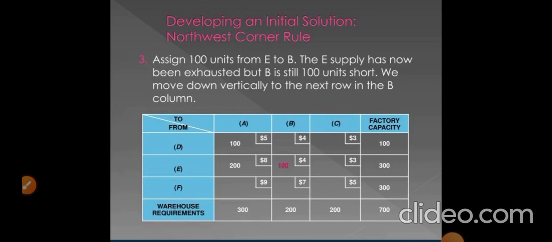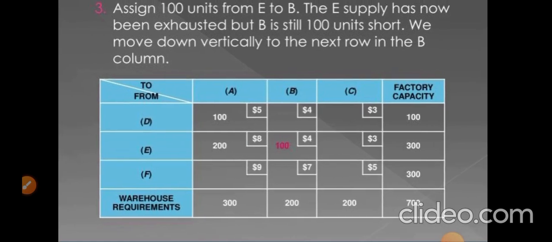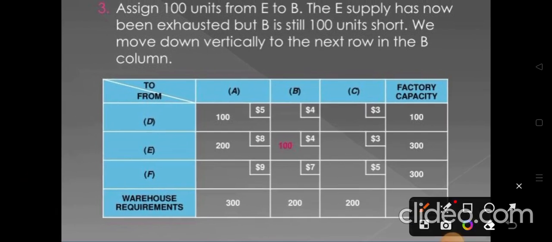Here we have 100 units, and here 200 units. So allocate 100 units, strike out 200 and put 100 as the balance. So strike out that entire row.